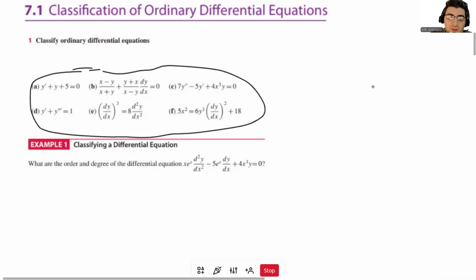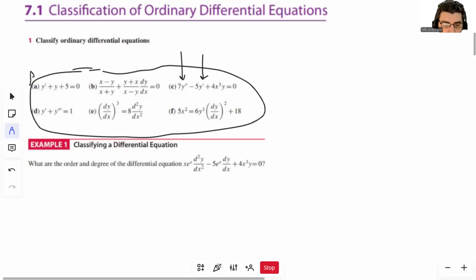Some differential equations contain derivatives in different orders. For example, equation C has y double prime and y prime. The highest order derivative that appears in a differential equation is referred to as the order of the differential equation.